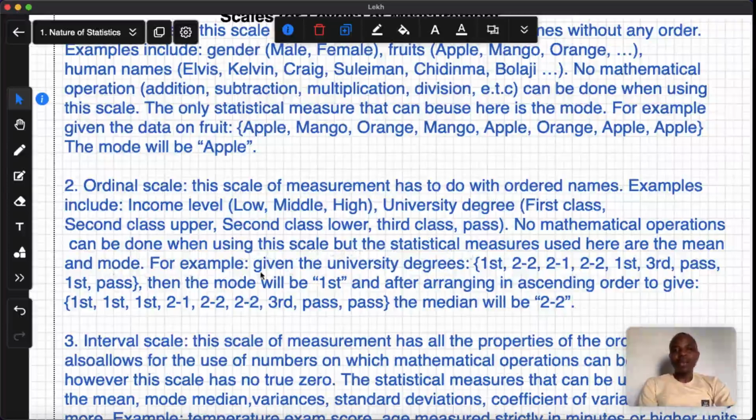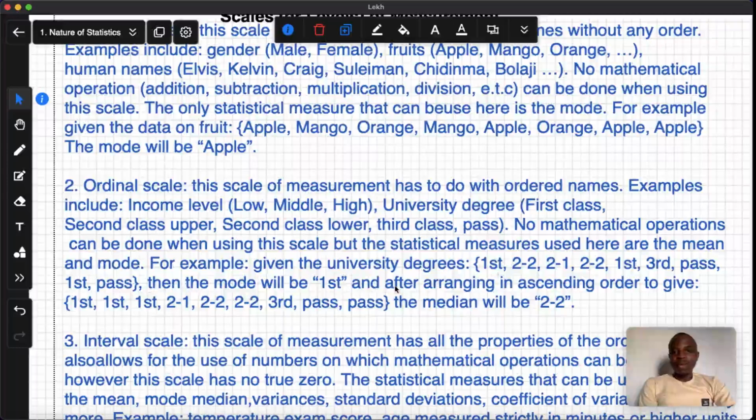You can obtain 2 statistical measures on this scale, and the first one is the median, and the second one is the mode. For example, if you're given the university degrees to be first class, second class lower, second class upper, second class lower, first class, third class, pass, first class and pass. Then the mode will be first class because it appears much more than any other one of the classes.